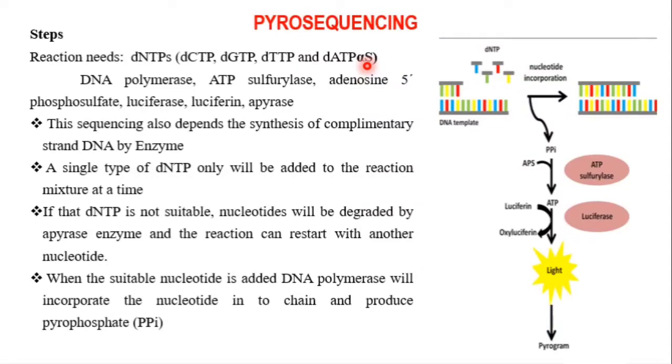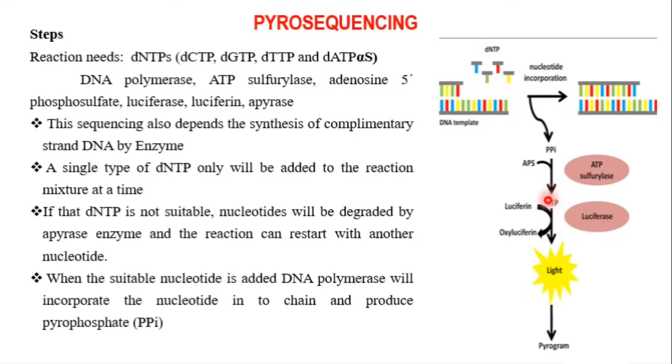dATPαS is the modified form of adenosine triphosphate. Why we use it here is because pyrophosphate is converted into ATP, as told in the principle of this procedure.